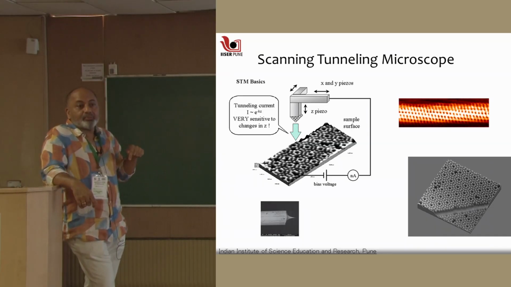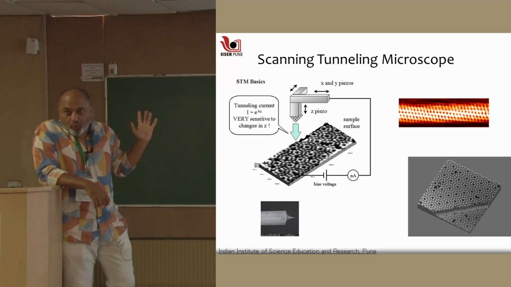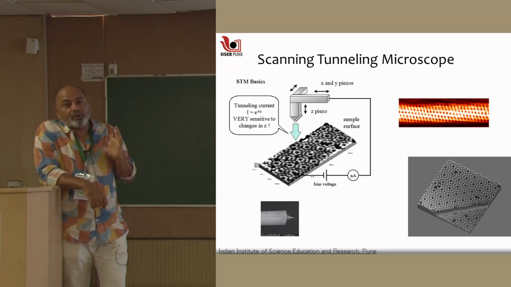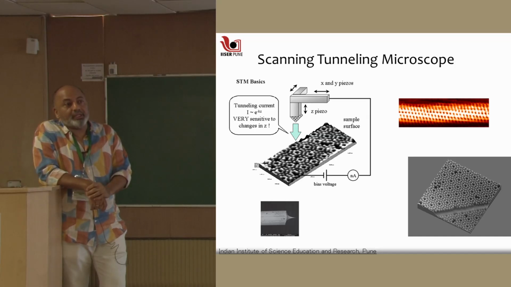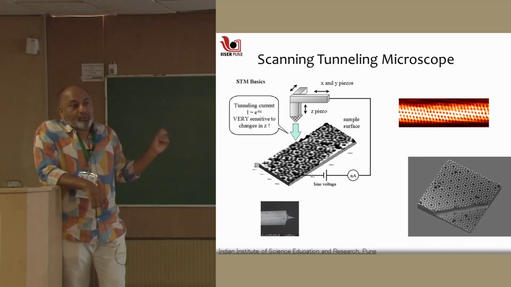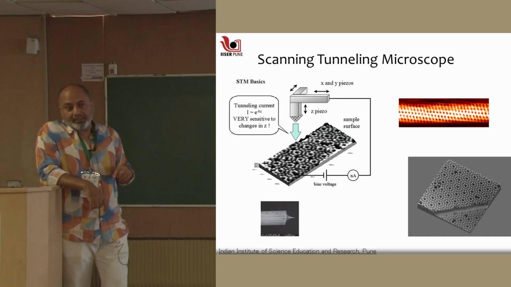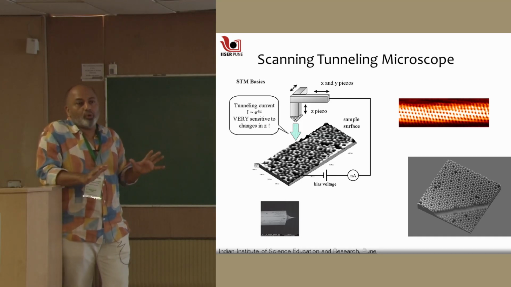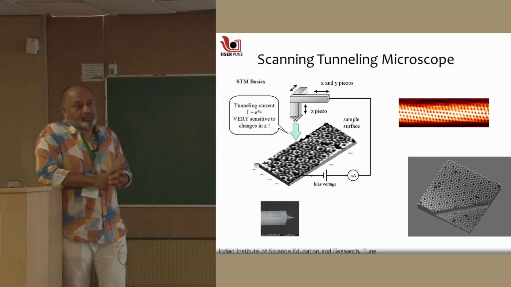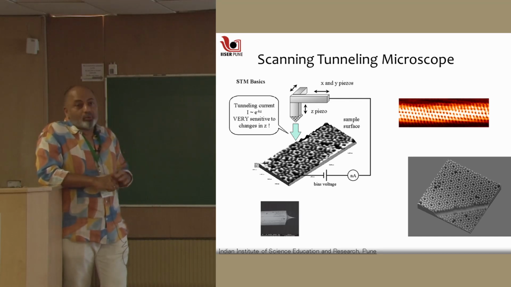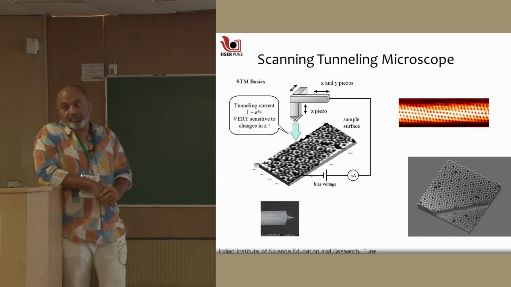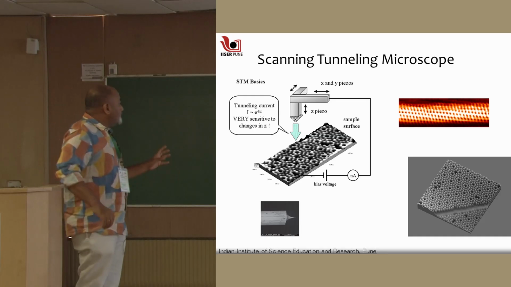Here the tip itself is used as an imaging object. So, just like beam microscopes use optical or electron or ion beams for imaging, probe microscopy uses a probe for imaging, and that is the paradigm shift in the whole microscopy business, okay, and they were awarded the Nobel Prize right after the invention of STM.